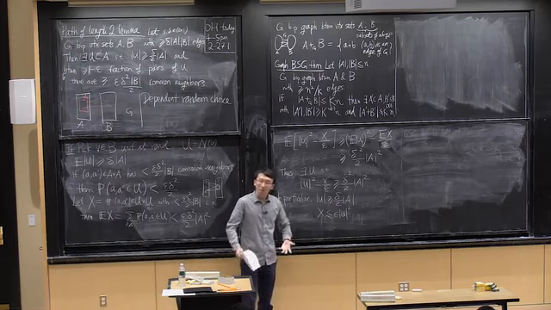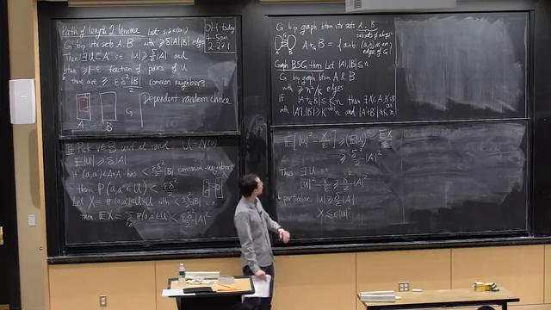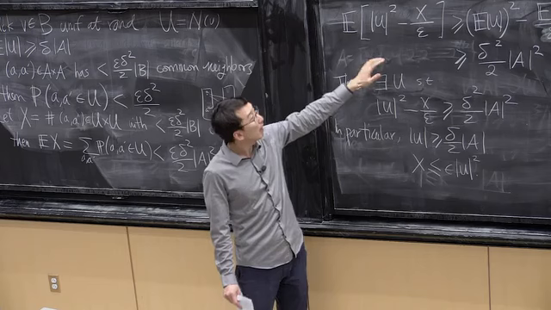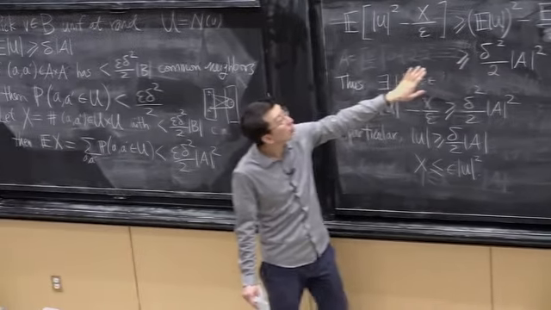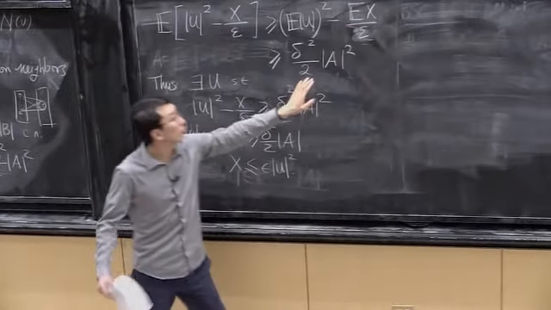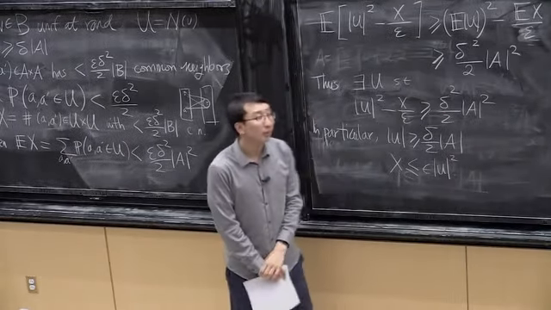And already that's a very good indication that we're on the right track. And to finish things off, we look at this expression, which we can lower bound by convexity, and we know the size of U in expectation is large, and also the size of X that we just saw is small in expectation.